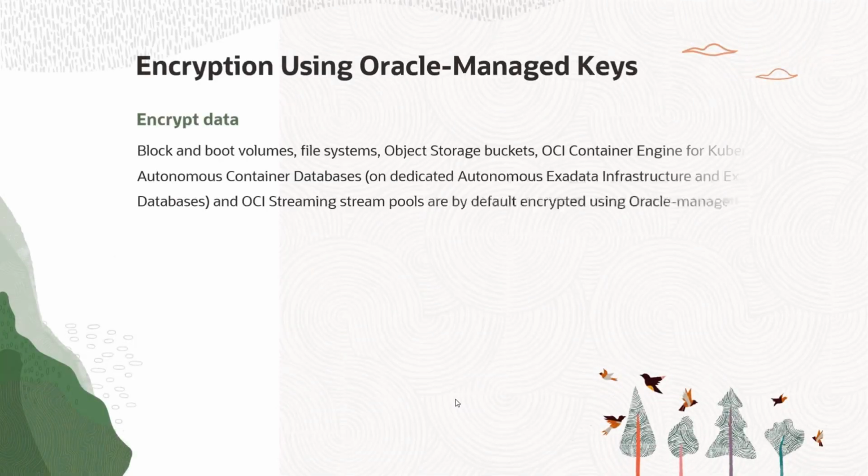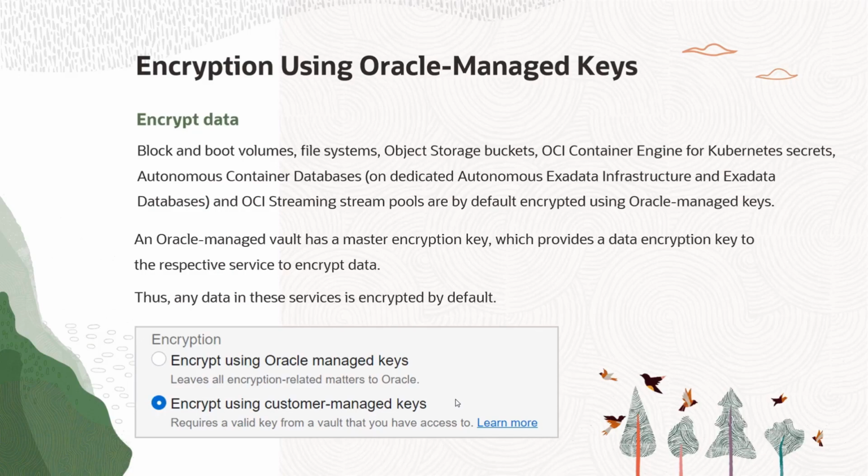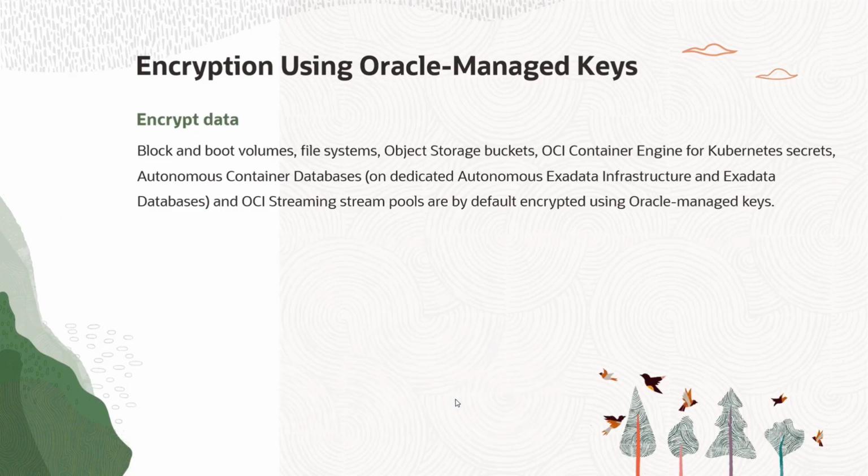Now there is this concept of Oracle managed keys and customer managed keys, and we'll talk about these in a little bit of detail, and we'll look into a demo very soon.